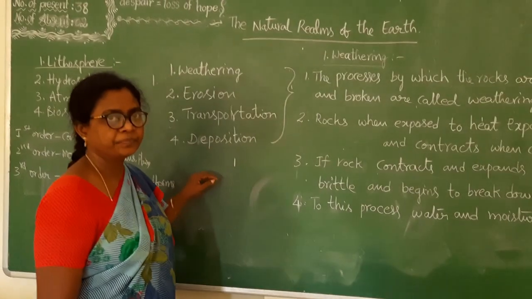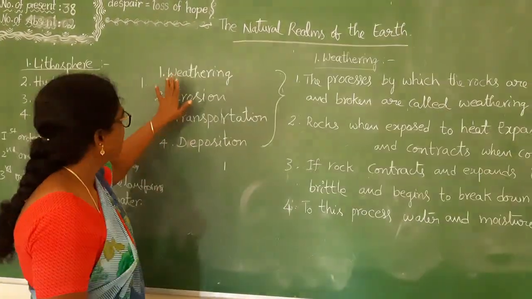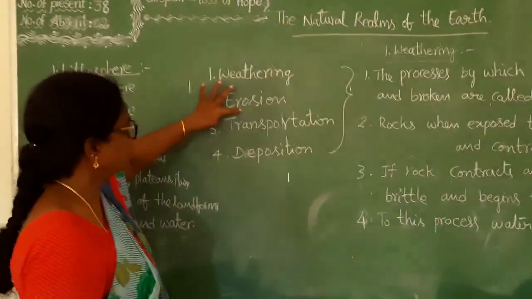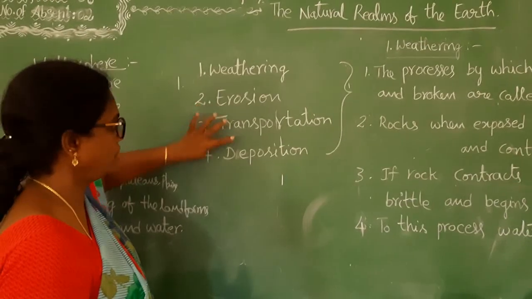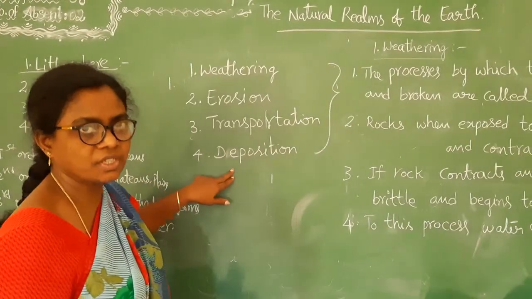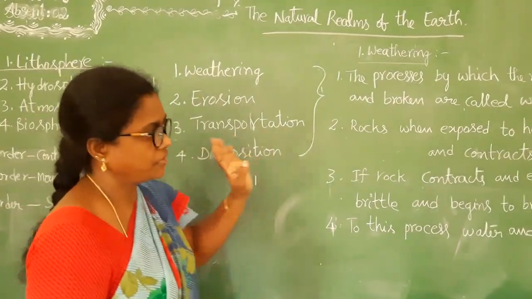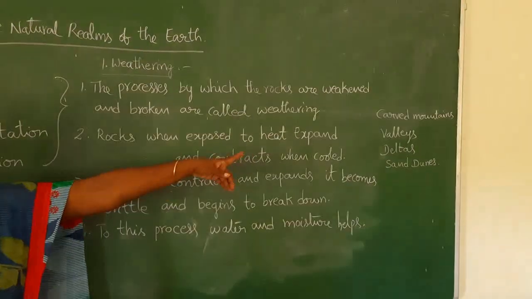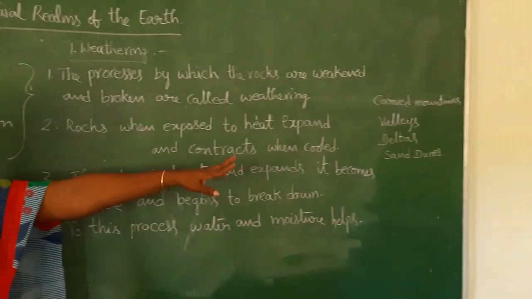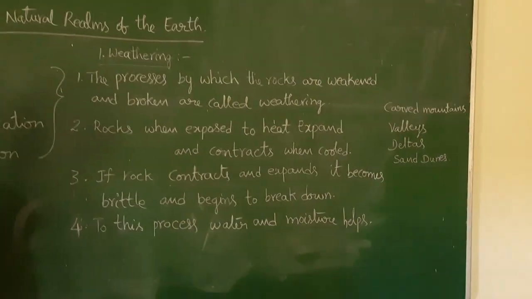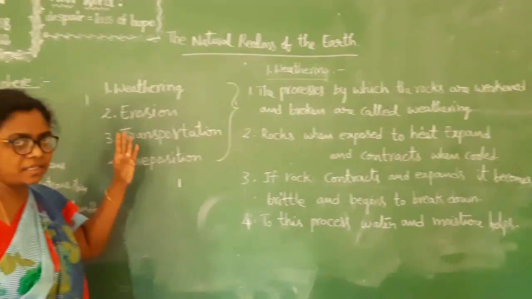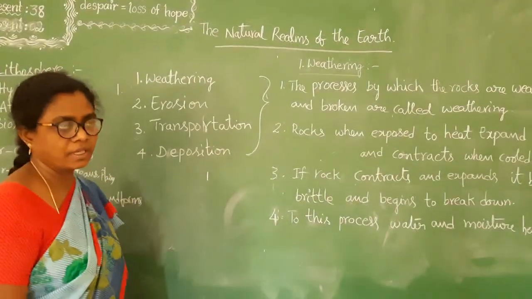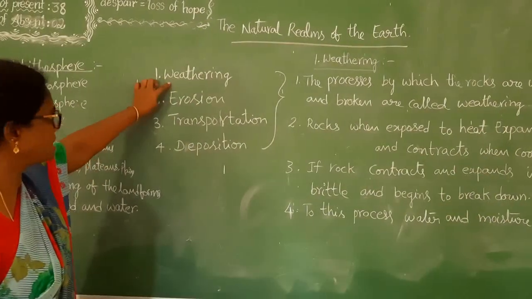Okay, children, processes like weathering, erosion, transportation and deposition are responsible for these landforms: carved mountains, valleys, deltas, sand dunes, etc. These are the main reasons to form these landforms. So the first one is weathering.